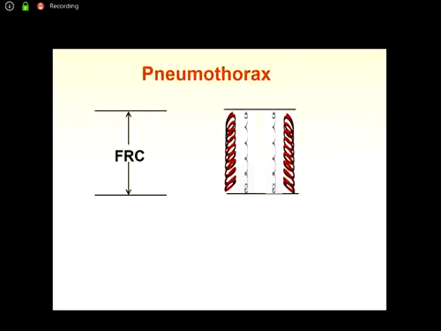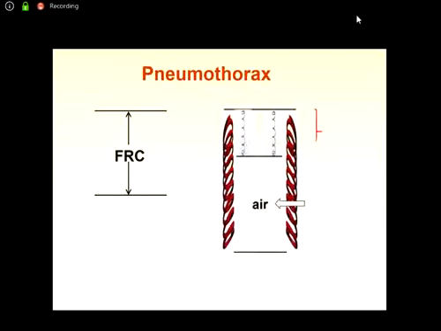So what happens when you, for example, develop a pneumothorax? Here we have the normal position of those springs, and the outside in red are the springs of the chest wall that are compressed, and they're actually pulling the pleura outside. And on the inside, in gray, we have the springs corresponding to the lungs that are overstretched, and those springs will again pull the pleura in the opposite direction, and that creates an FRC.